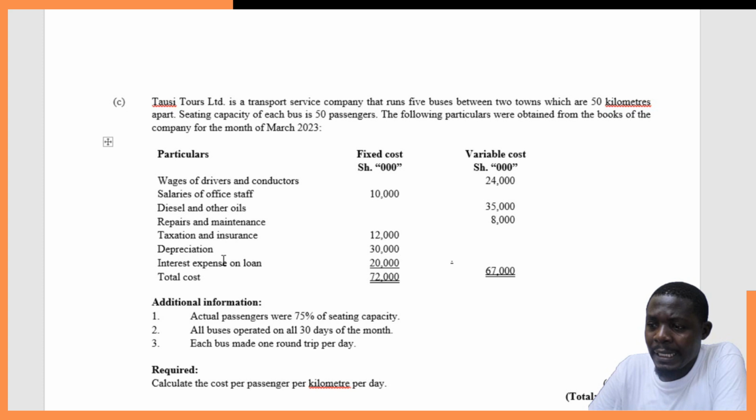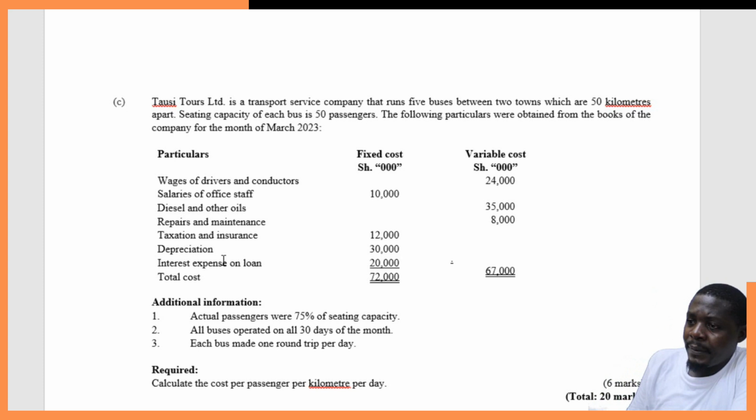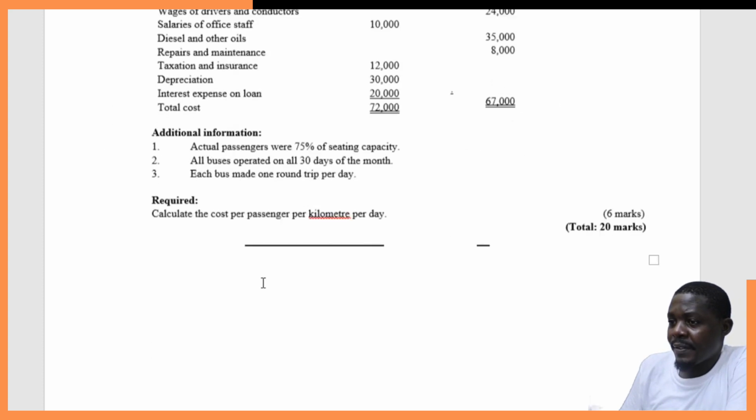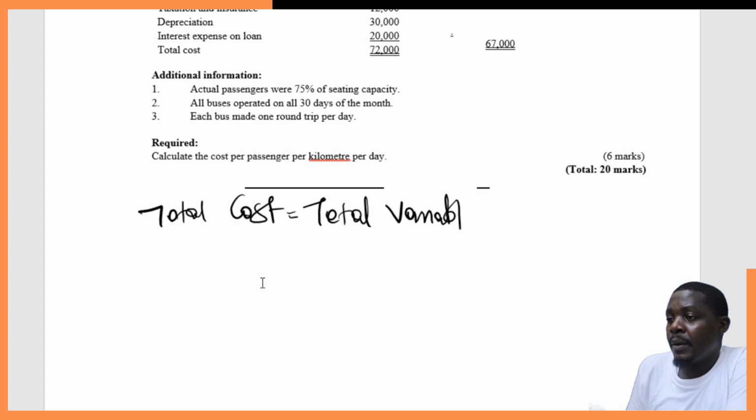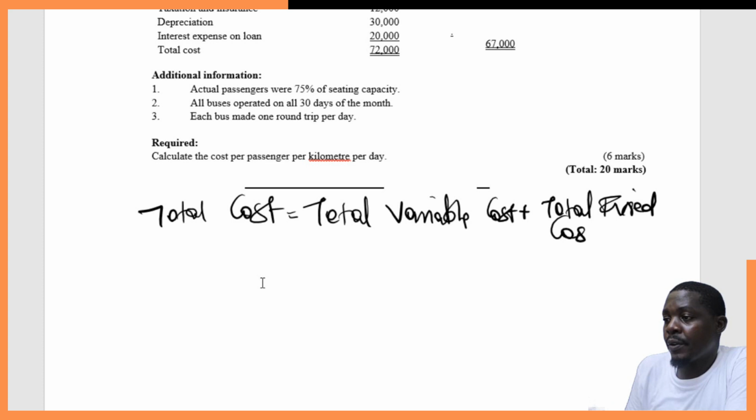How do we deal with that? First we determine the total cost of these buses. Total cost is the total variable cost added to the total fixed cost.